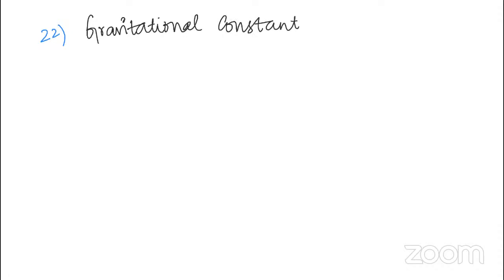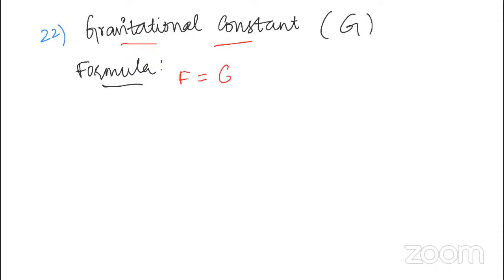Next one, gravitational constant, that is G. So now write the very famous equation in physics: F is equal to G into M1 M2 divided by R square.